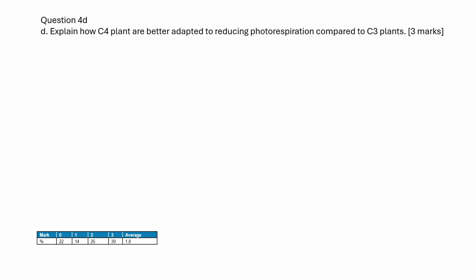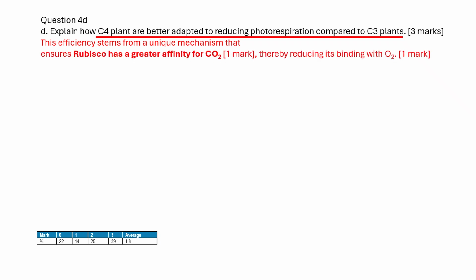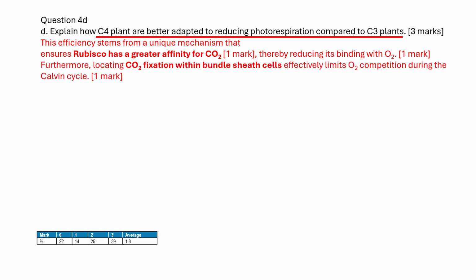The slide delves into C4 plants' superior ability to minimize photorespiration compared to C3 plants, particularly in warmer conditions. This efficiency stems from a unique mechanism that ensures Rubisco has a greater affinity for CO2, thereby reducing its binding with O2. Furthermore, locating CO2 fixation within bundle sheath cells effectively limits O2 competition during the Calvin cycle.